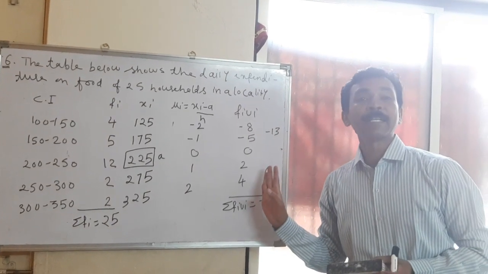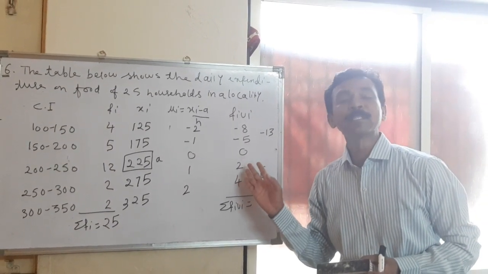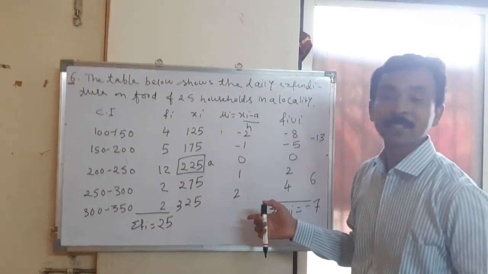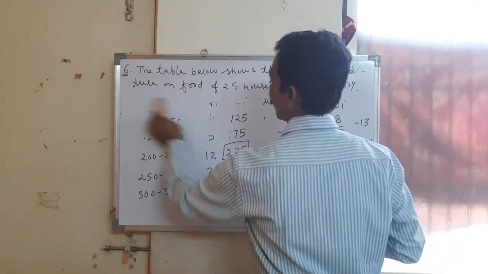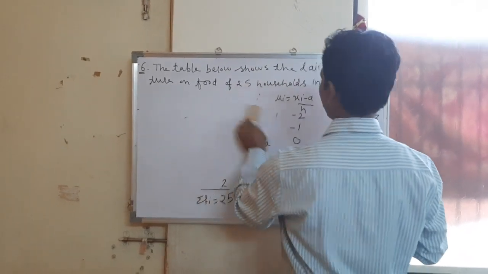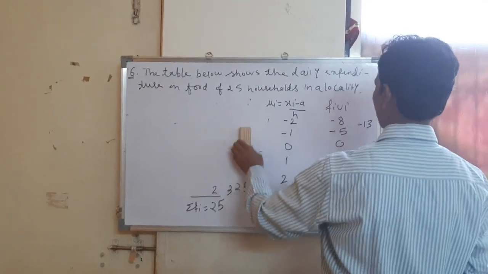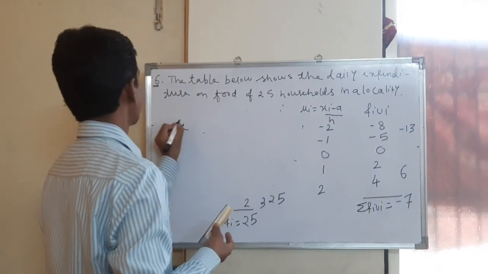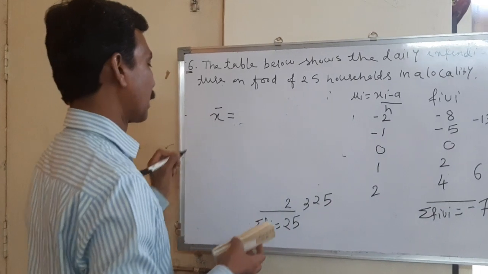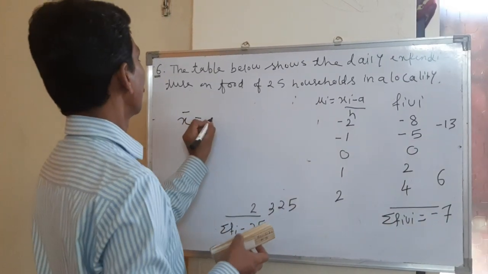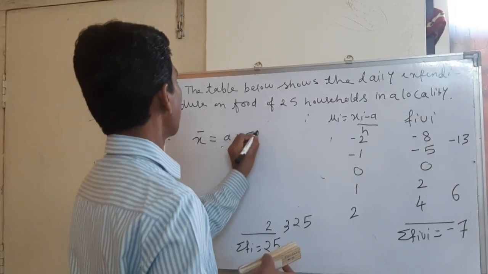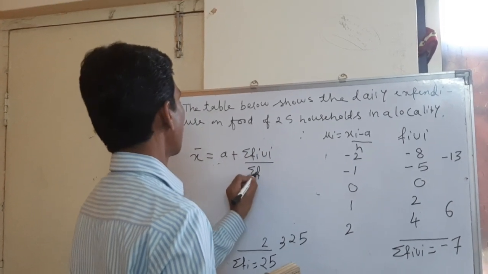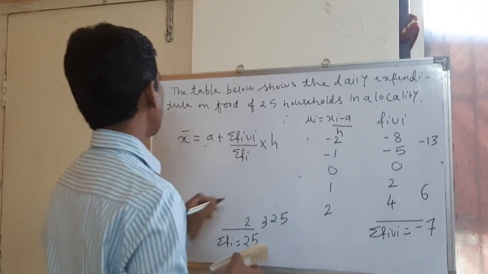Now we have to find mean using the formula. I'll rub this table, I'll write the formula and place the values. So formula is x bar is equal to a plus summation of fi ui upon summation of fi into h.